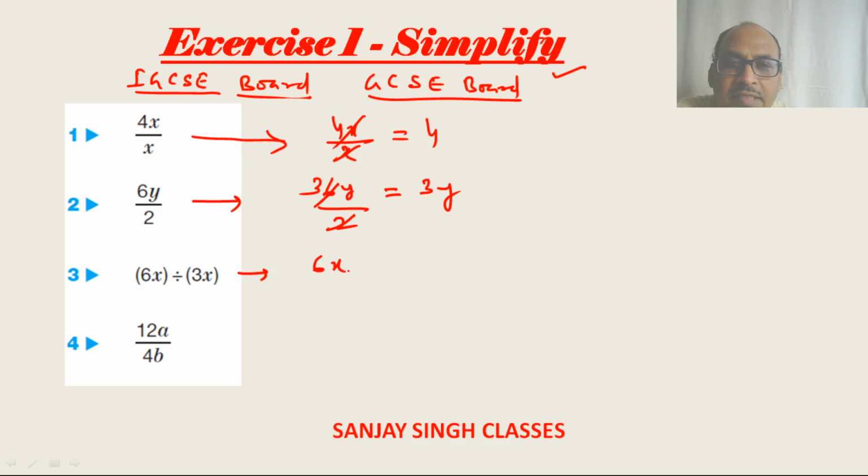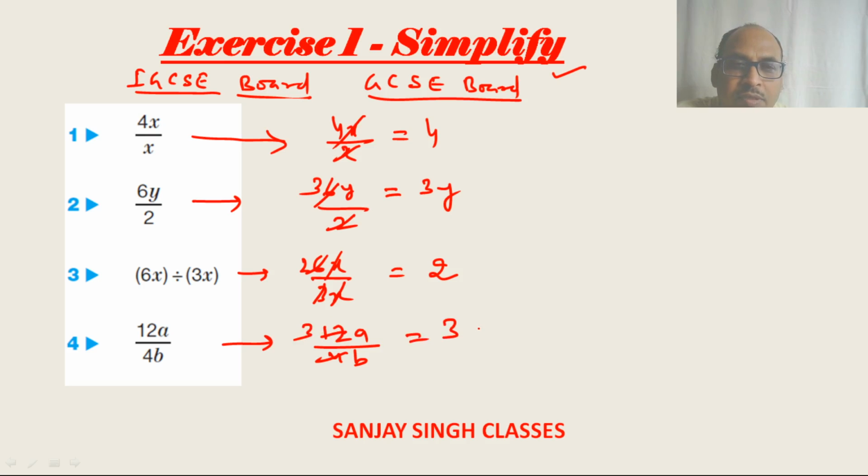Similarly 6x divided by 3x. So x and x got cancelled, and 3 twos are 6, so it will become 2. Here it has become 12a by 4b. a and b are different variables, but 4 can cancel this 12 as 3, so it will become 3a by b.